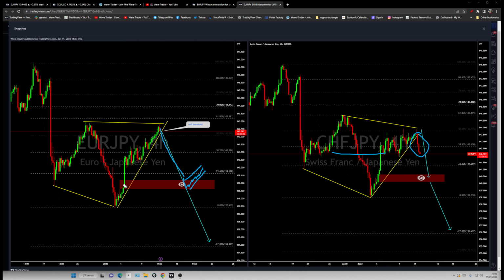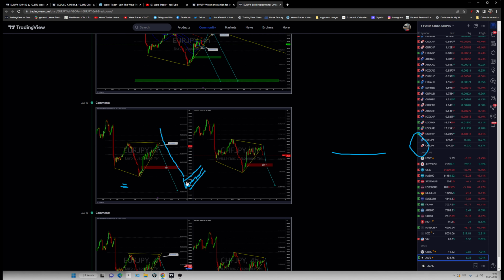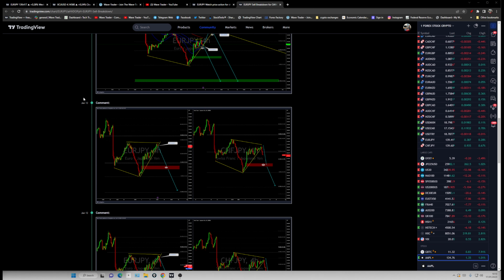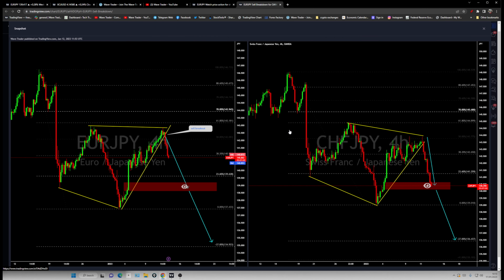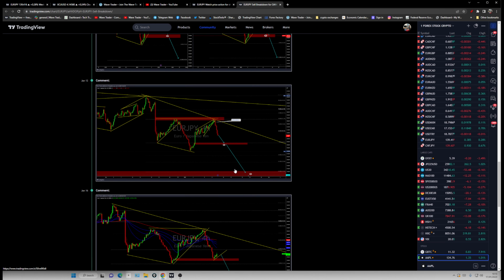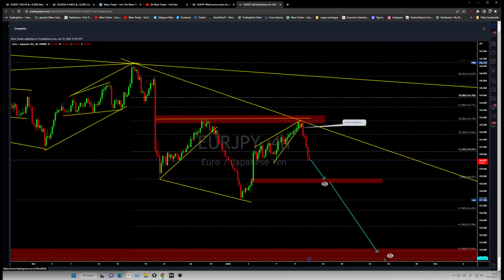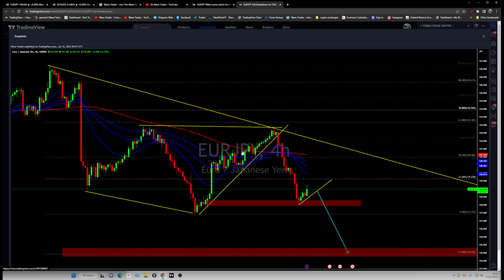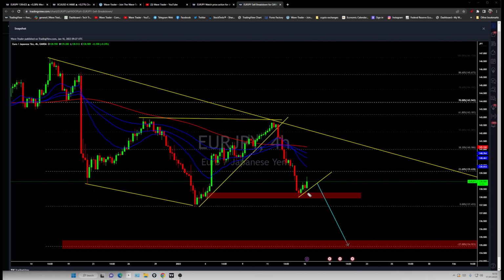So we were expecting a price action over there on Euro Yen, and a possible breakout for downside. Okay, so price came down, tagging that 39 area, and started to form that flag.